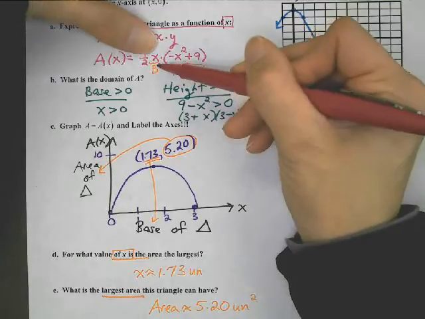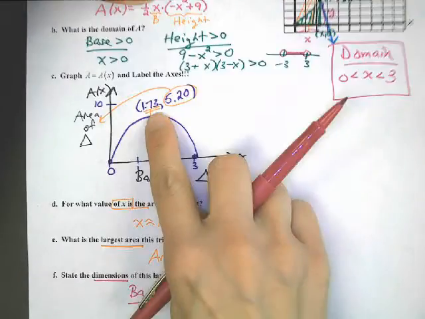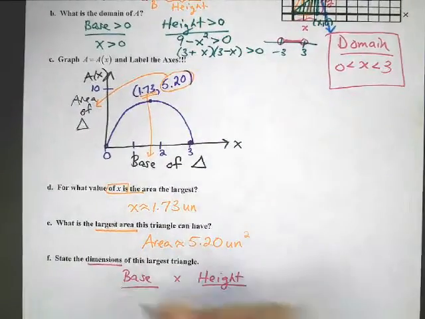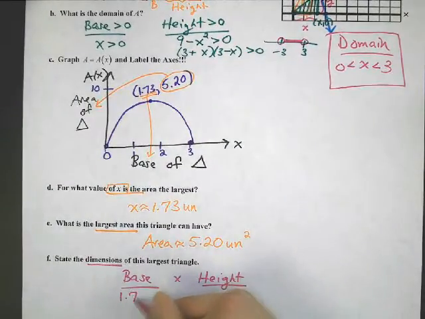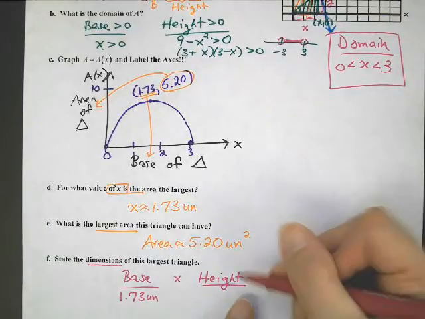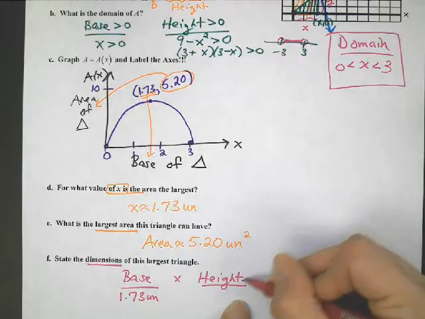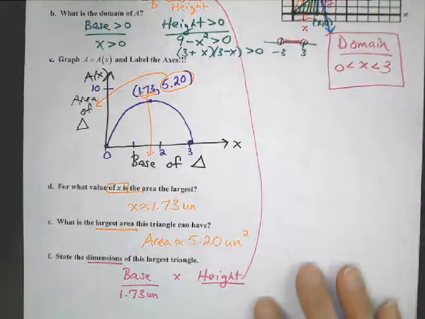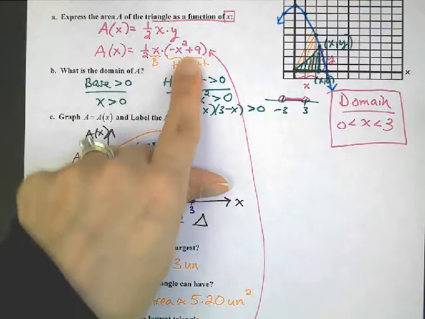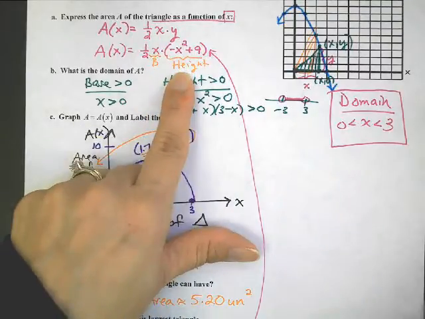The base was x. So x is 1.73 units. That's our x, 1.73 units. And height is the trickier one. The best place to figure out height is if we go right up here to the equation. This expression right there represented height.